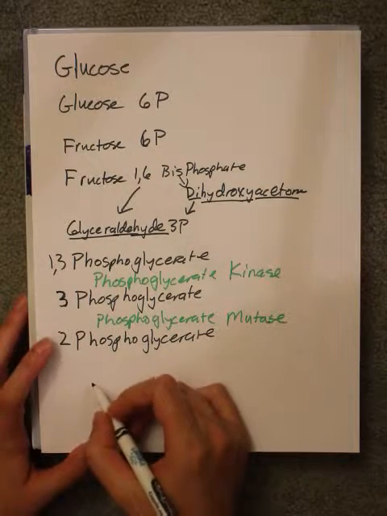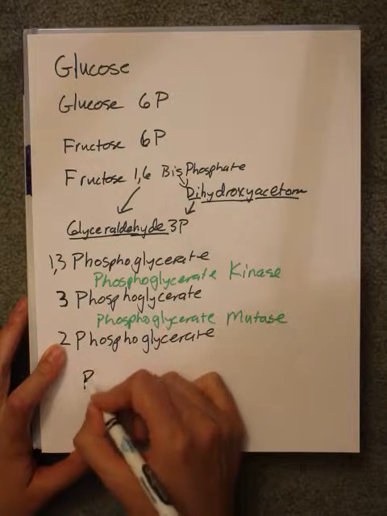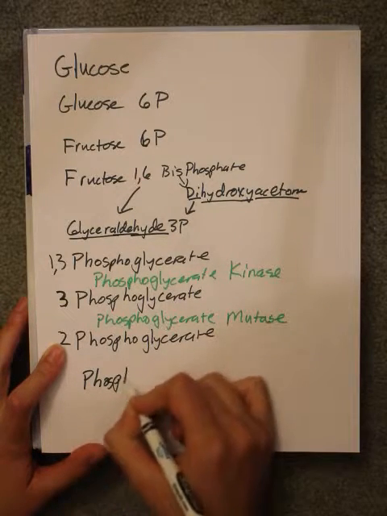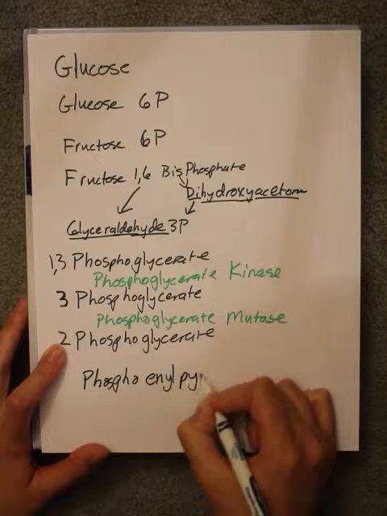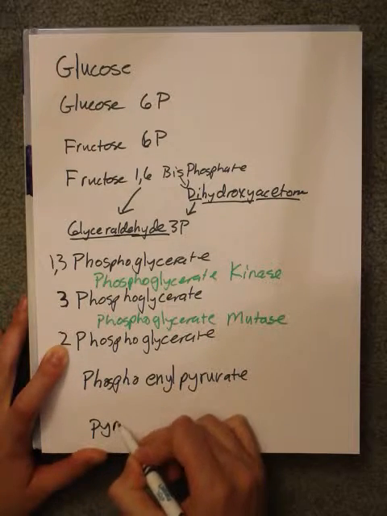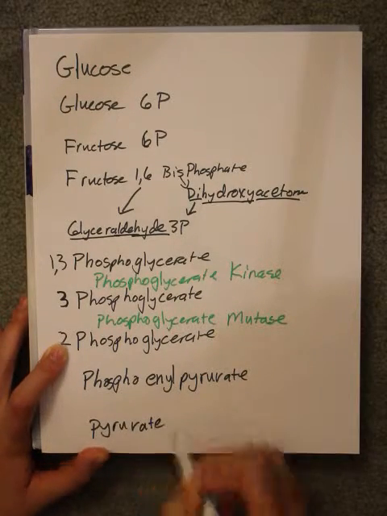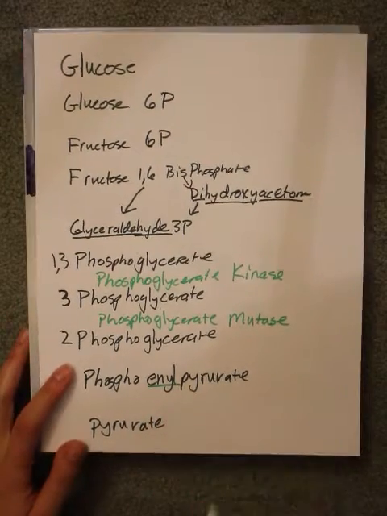The last 2 compounds here, we have our phosphoenol pyruvate and pyruvate. Okay, so for enzymes for these, this tells me what it is.